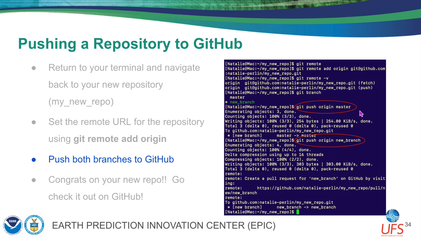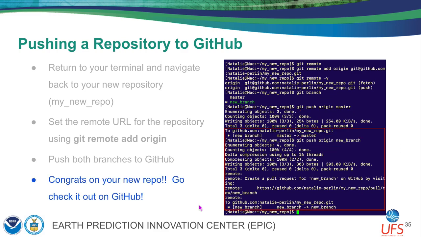Even though we're in the new branch, it will push the master branch into the remote repository. And when we issue git push origin new branch, it will upload our new branch into the origin repository and create a new branch there.